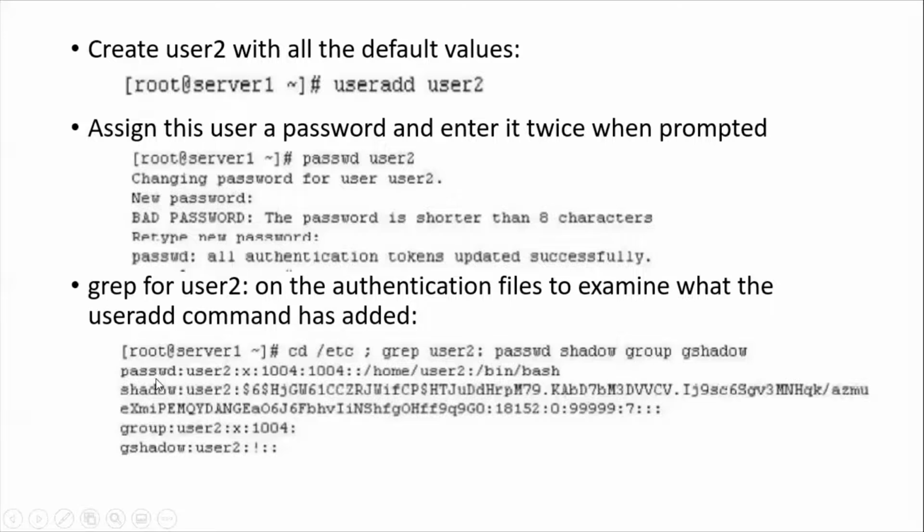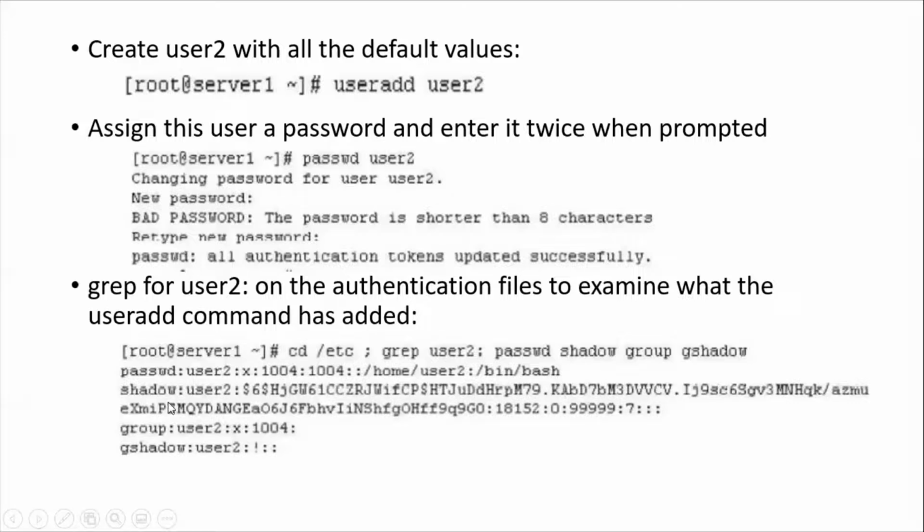In the first, the passwd file, user2 is available and we can see that user2 has been created here. This x, as you know very well, is a pointer to the password in the shadow file. Then this is the user ID and the group ID, then the home directory of the user and its bash shell.